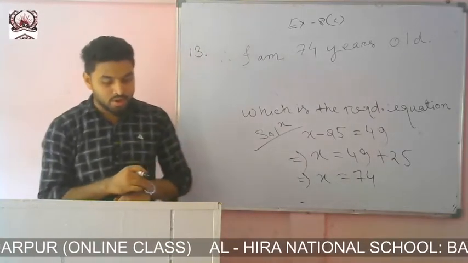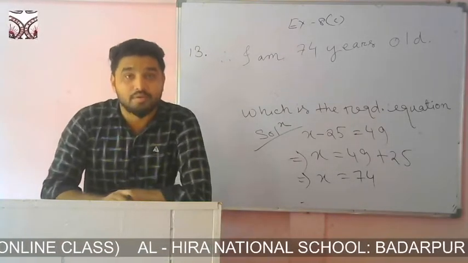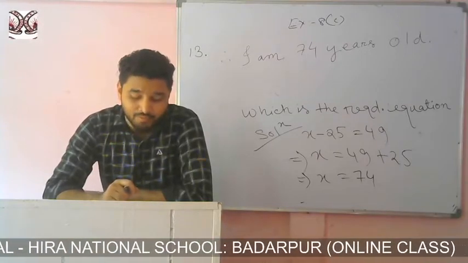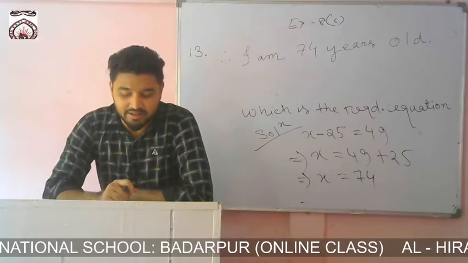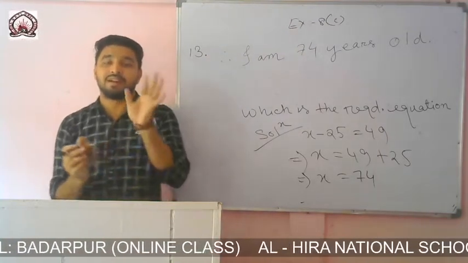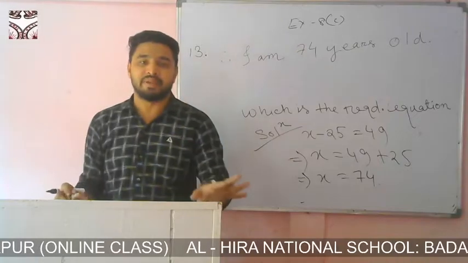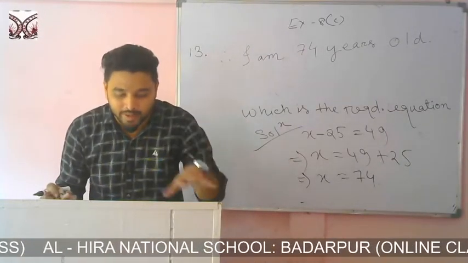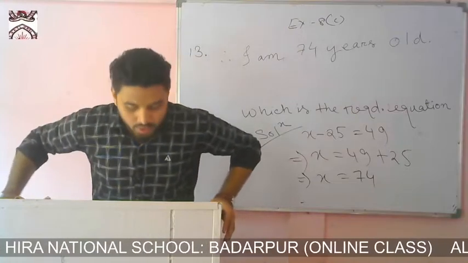Now come to question number 14. If twice the number of books in the library is 5200, that means whatever the books were there in the library, if I double it, then I'll get 5200.